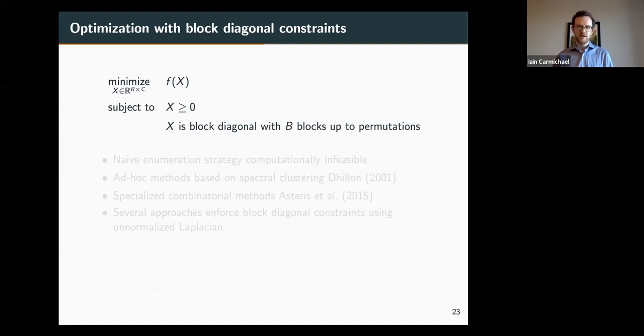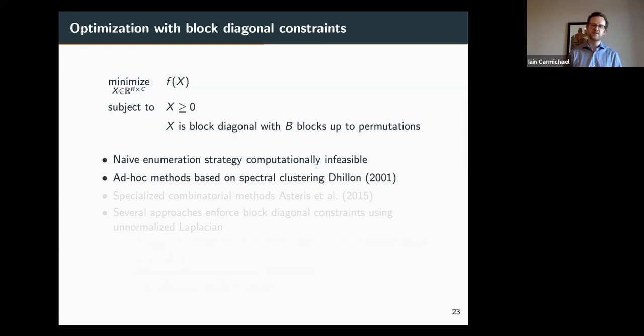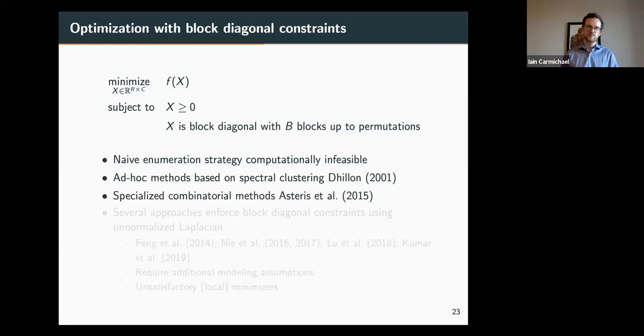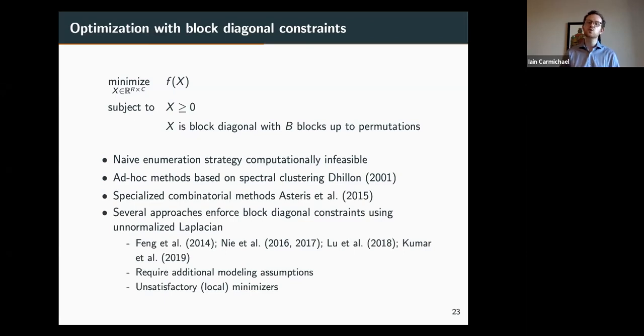There have been a few different methods to try to estimate things like this. Probably the most popular method uses the unnormalized Laplacian in a smart way, and I'll explain that method going forward. But just to be upfront, when I tried to adapt these existing unnormalized Laplacian methods, I found that it just really didn't work, for reasons that I can explain.